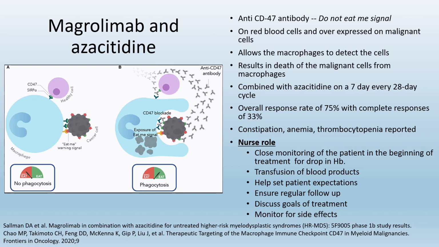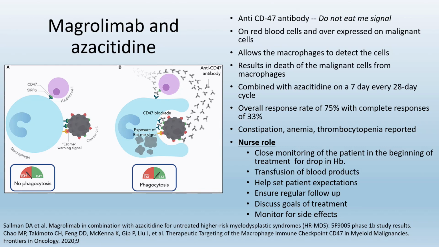It's also on the red blood cells and overexpressed on the malignant cells, and it allows the macrophages to not detect the cells. So when we use magrolimab, then that signal is turned off, which allows the macrophages to engulf those cells and eat them and cause apoptosis or cell death.